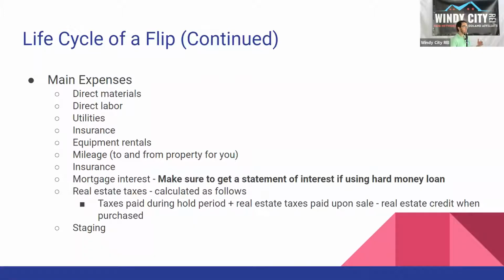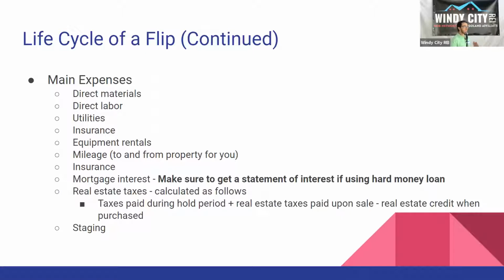So you want to make sure you get an interest statement from the hard money lenders at your end, or maybe after the project is complete. You'll have to work with them to figure that out, because I don't believe they issue the standard form that you get with the house. So something to be aware of there, so you don't miss out on a deduction or claim improperly.